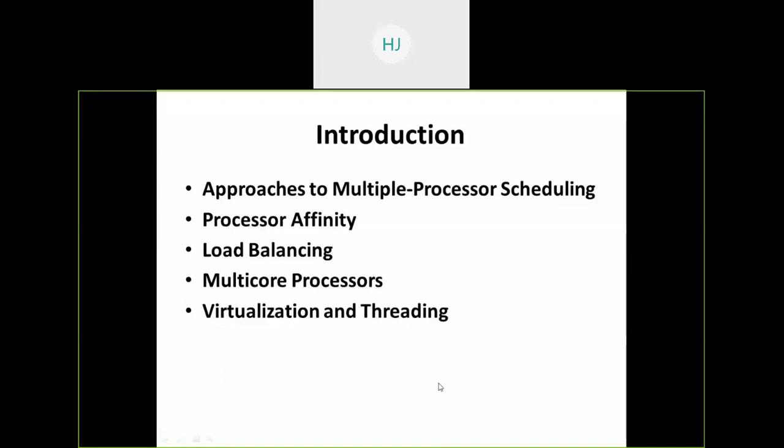Next is load balancing. Load balancing keeps the workload evenly distributed across all processors in a symmetric multiprocessing system. Load balancing is necessary only on systems where each processor has its own private queue of eligible processes.